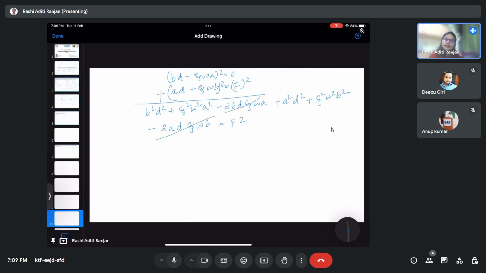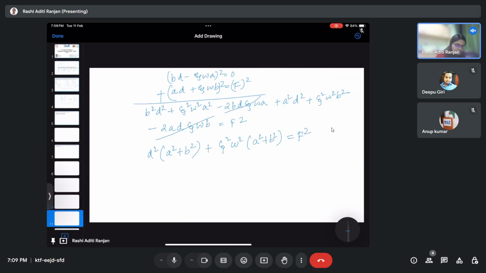This both will get cancelled out. So I'll have d square into a square plus b square, then I'll have plus omega square into a square plus b square is equals to nothing but f square.